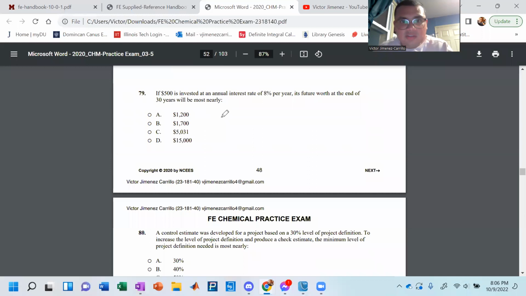This is an easy one where you need to realize that i is your interest of 8%. n is the number of years, which in this case is 30. And it's telling us what is the future worth of this amount in 30 years.